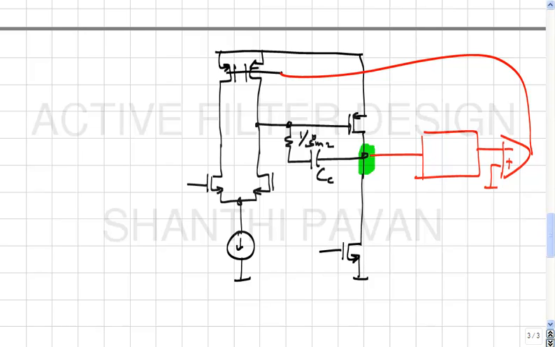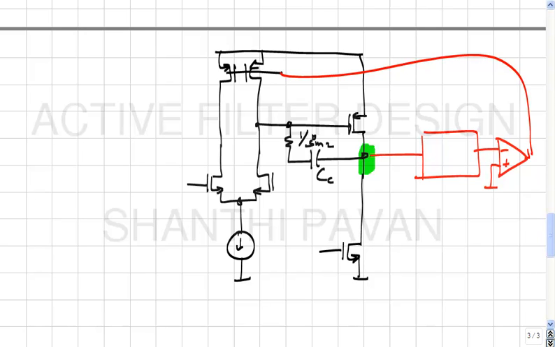If the sign of the negative feedback loop is right, this must be positive and this must be negative, or is it the other way around? The other way around, sorry. And the usual same old error amp and so on.